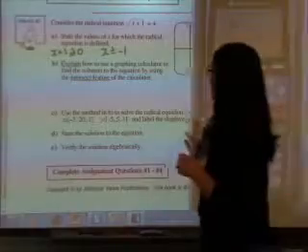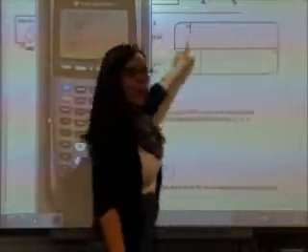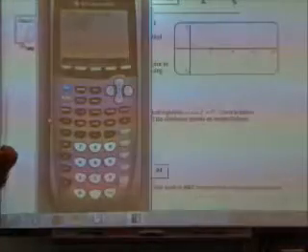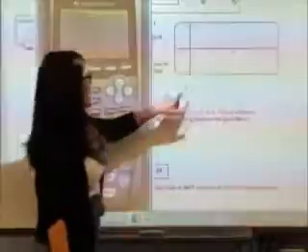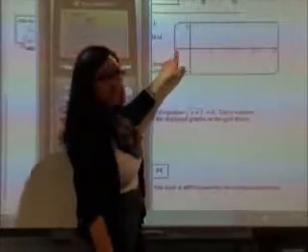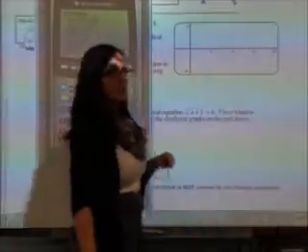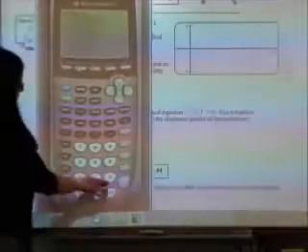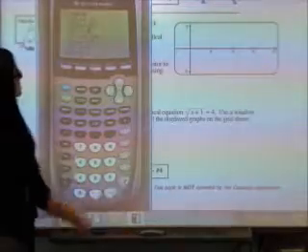The next thing I'll do is, because there's a screen here for me to follow, match my window settings with the screen. So I'm going to press window. If I look at my x's, the smallest x value shown is -3. The biggest x value shown is 20. So I'm going to go from -3 to 20, going up by ones.